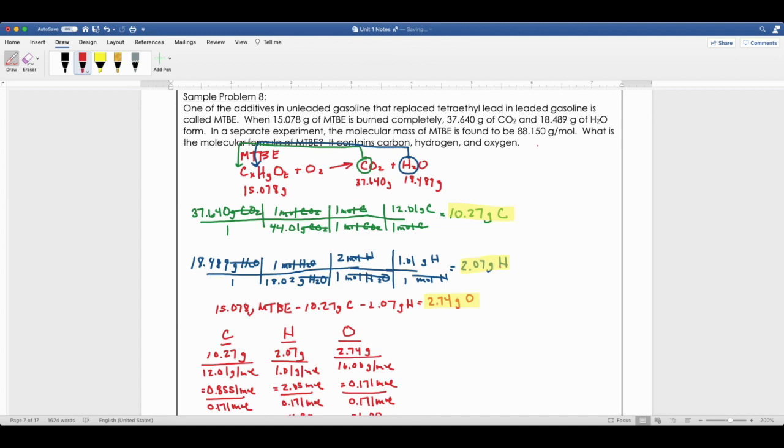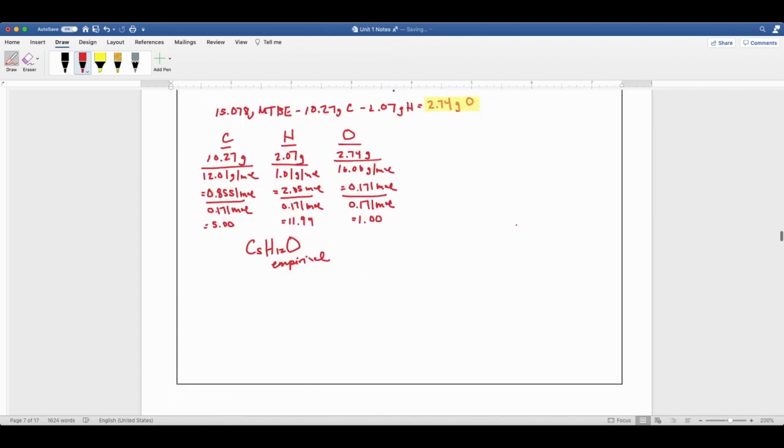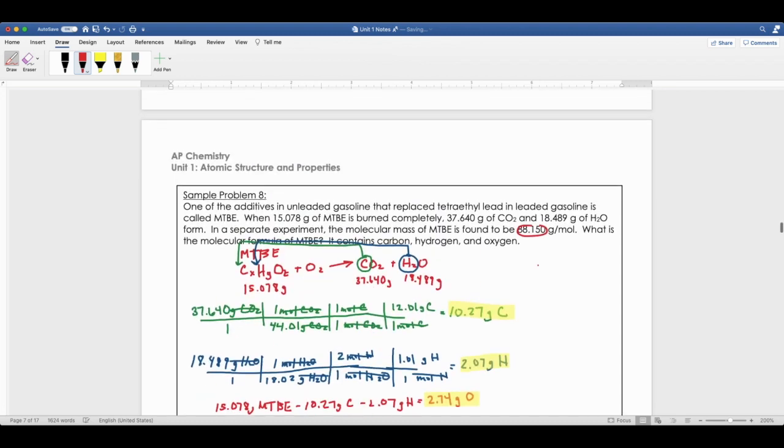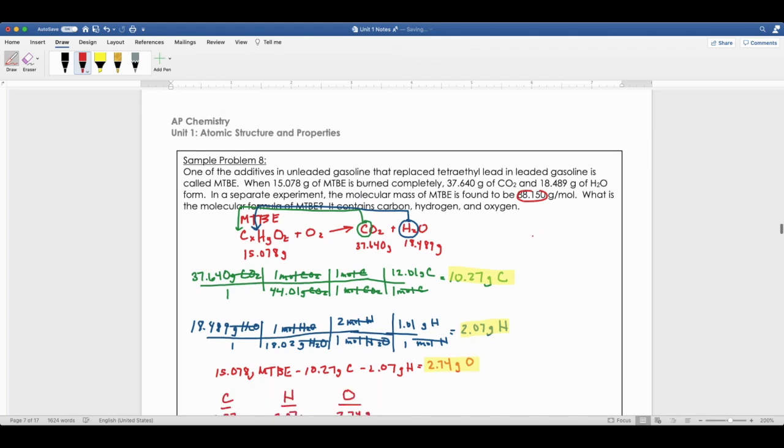So the molecular mass is found to be this right here. All right, well, I have my empirical formula. The molar mass of the empirical is 88.17. Guess what? The molecular formula is 88.15, pretty darn close, right?